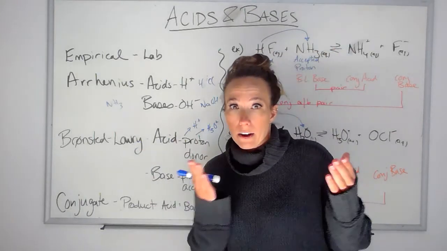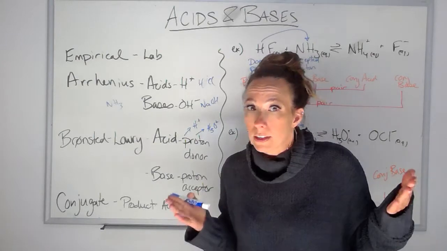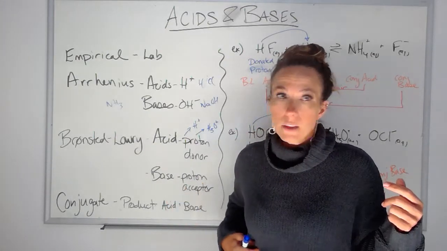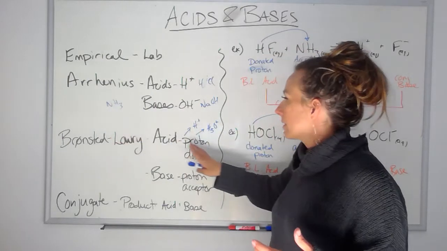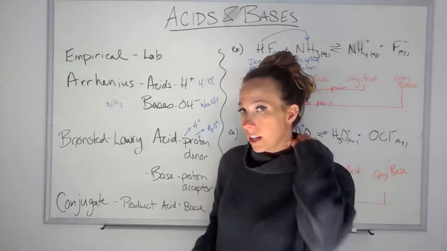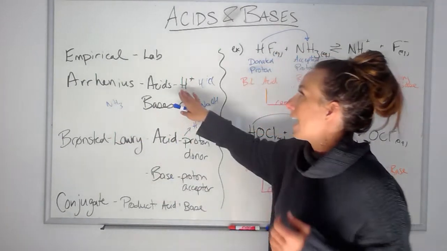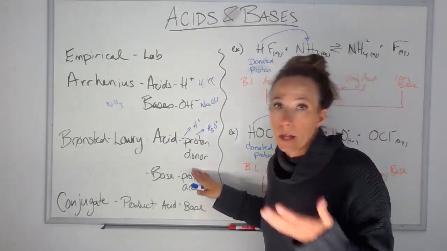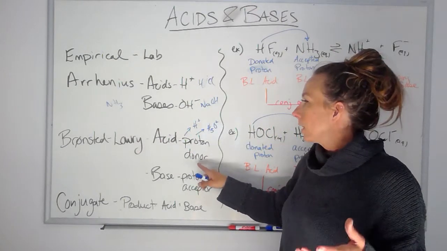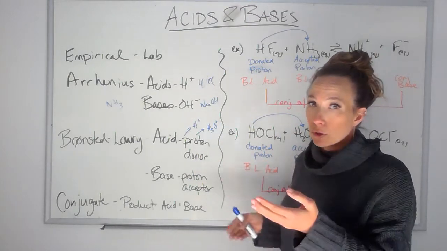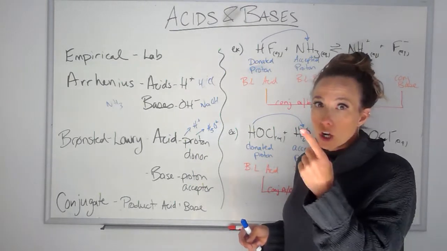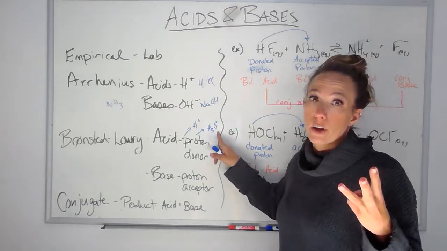So Bronsted and Lowry, two scientists working in two different labs at the same time, looked at all these exceptions and said, you know what, we're going to change the definition of an acid to not just be that it has an H+, but rather that it donates an H+. And what an H+ really is, is a proton. So now when I say proton donor, you have to think proton, H+, and H3O+.